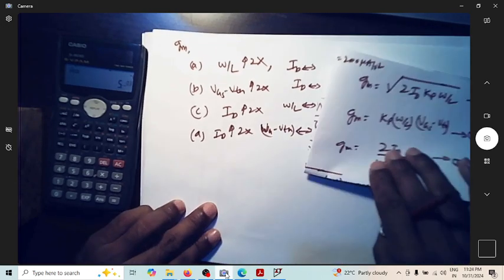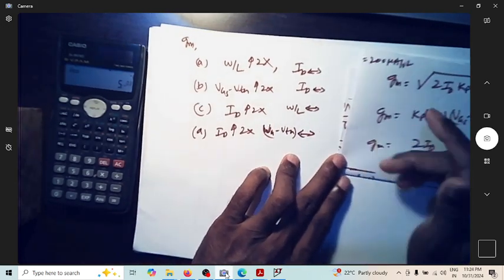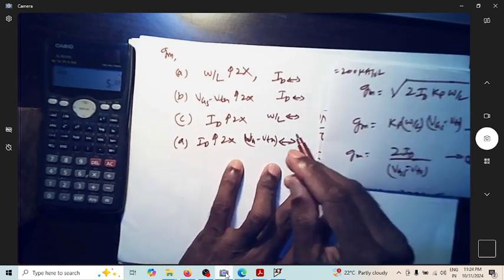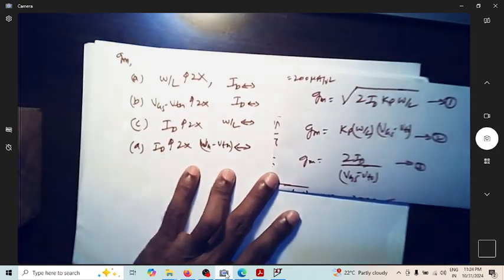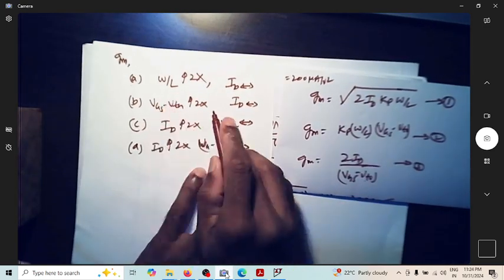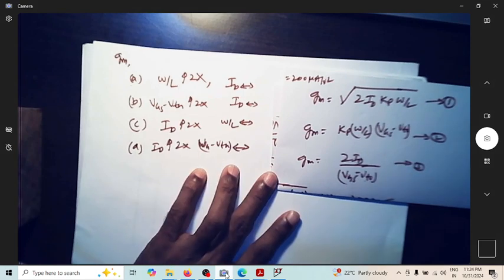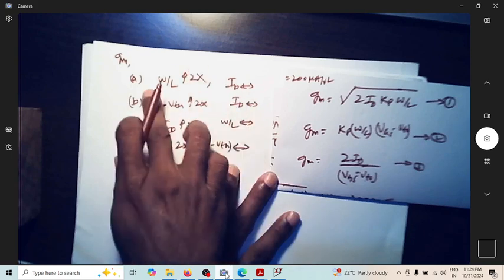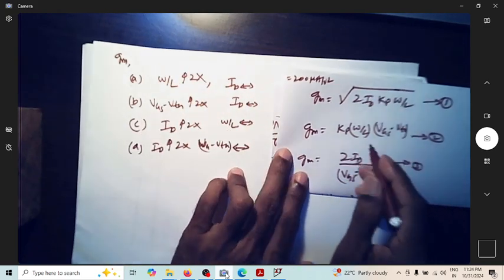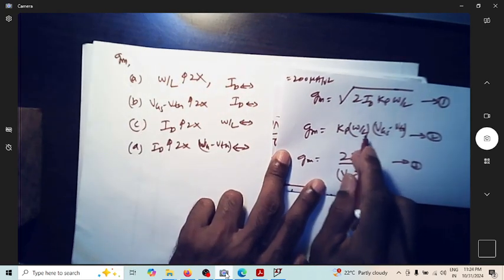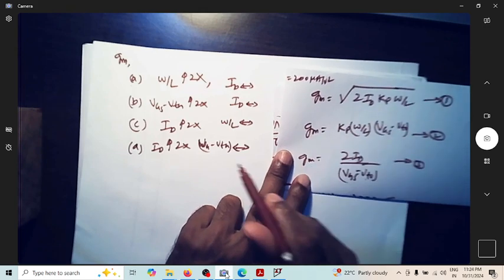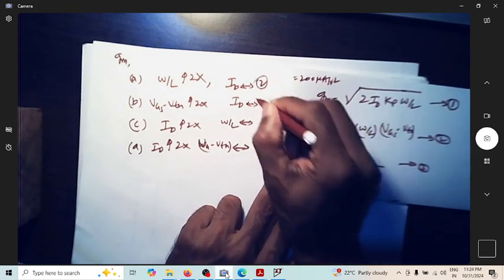So in the first case the W by L is increasing 2 times, but ID is remaining constant. If you want to use this relation, I may have to use equation number 2, because here ID is not there. So let me use equation number 2.